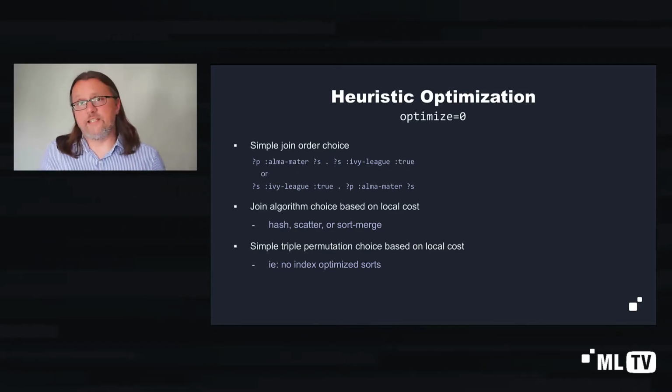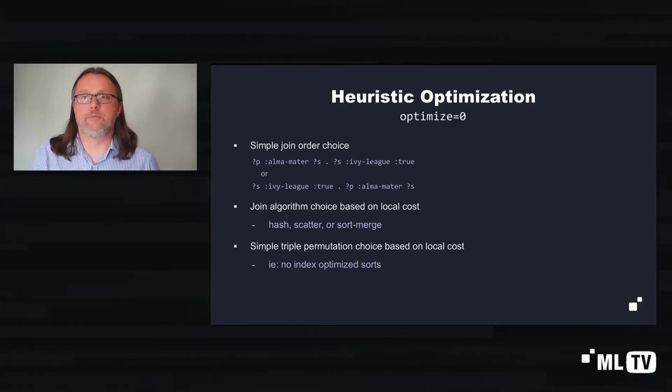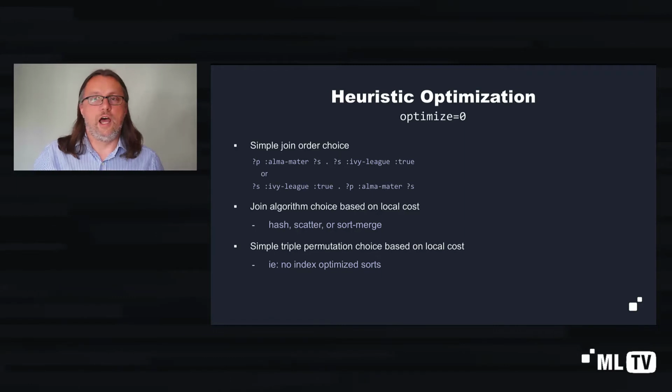So after static optimization, we'll move on to heuristic optimization. Remember, this is applying rules of thumb, things that are generally true. So some of the things that we'll do during heuristic optimization are we'll determine simple join orders for series of joins.